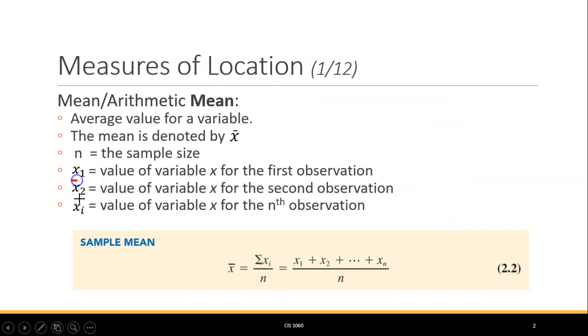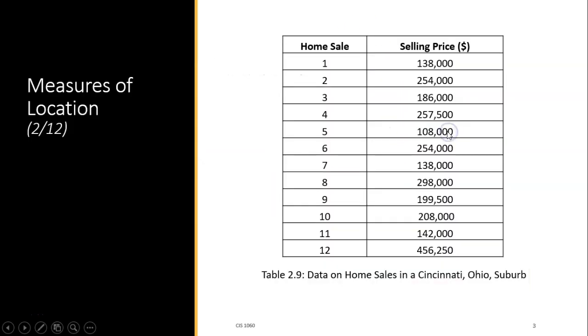Basically, you have value 1, value 2, up to value i, which is the last variable for n observations. So if you have 10 observations, this is the 10th variable for the 10th observation. You add them all together and divide by the number of observations, which is mathematically represented here, and there you have your average, or mean.